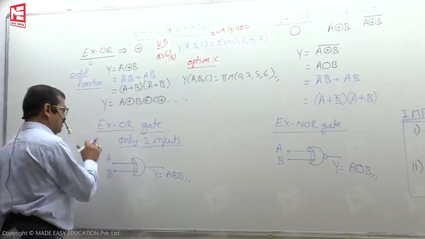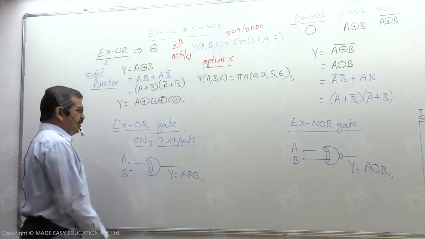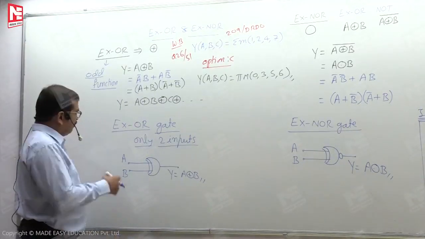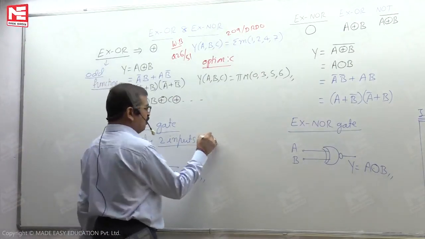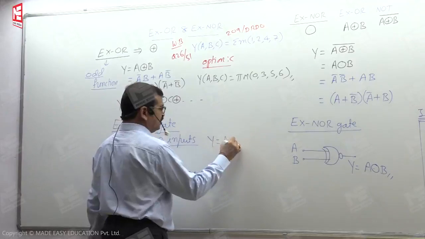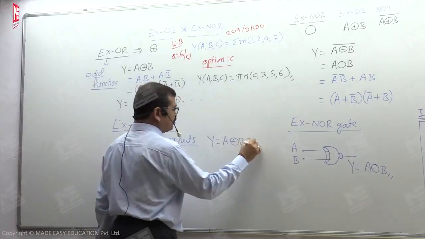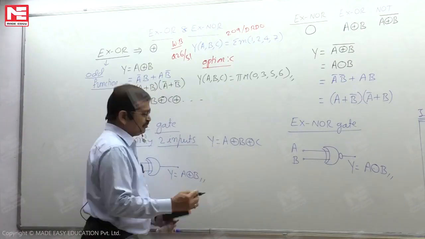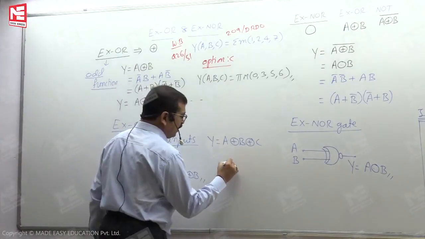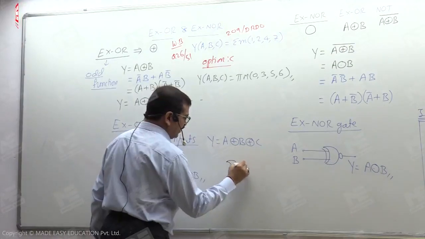As I was saying, if we want the XOR operation on more than 2 variables, say on 3 variables, then we need to use 2 exclusive OR gates.